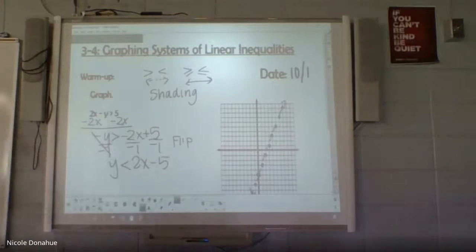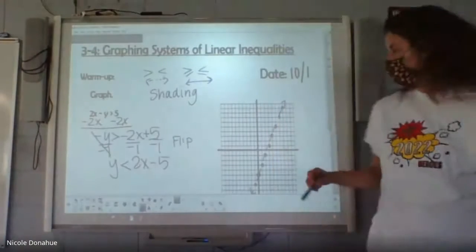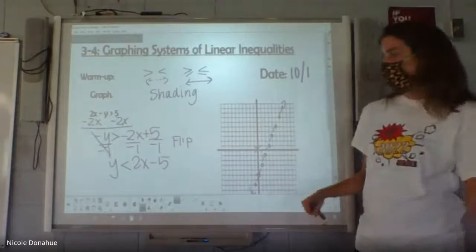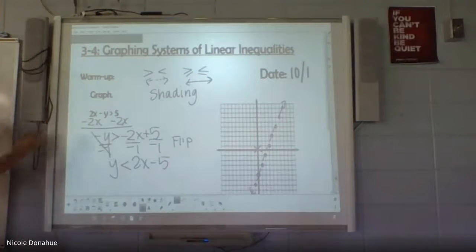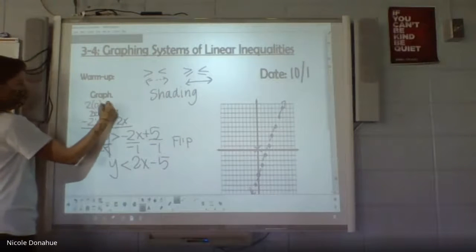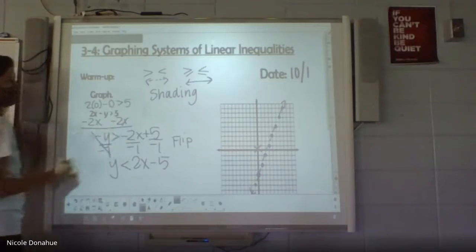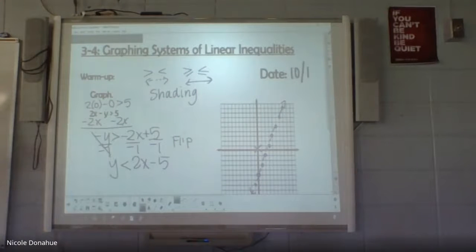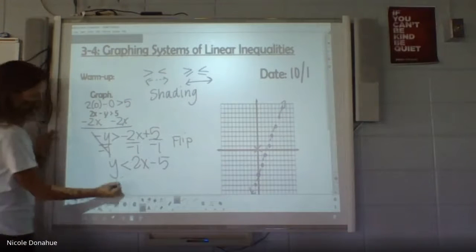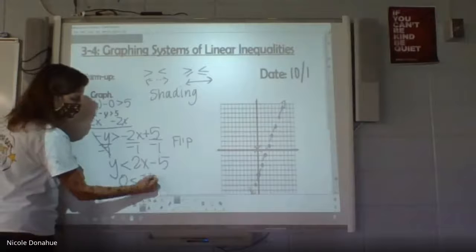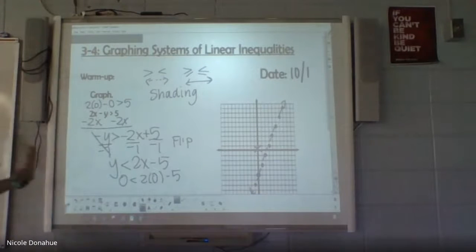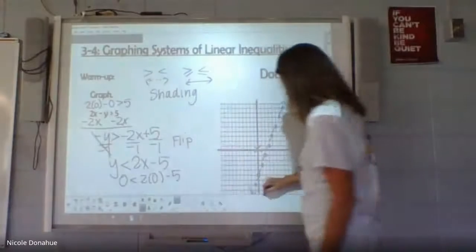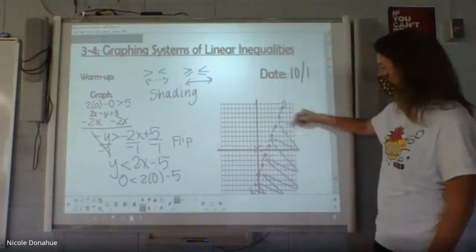What do you guys want to test? 0, 0. So you can test 0, 0 in the original equation or the new one. It should give you the same outcome. 2 times 0 minus 0, is that greater than 5? 0 is not greater than 5. Same thing down here. 0 is not less than negative 5. So 0, 0 does not work. So that means I'm going to color the other side of the line.